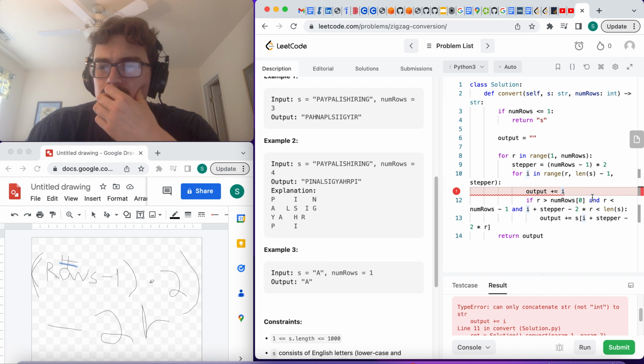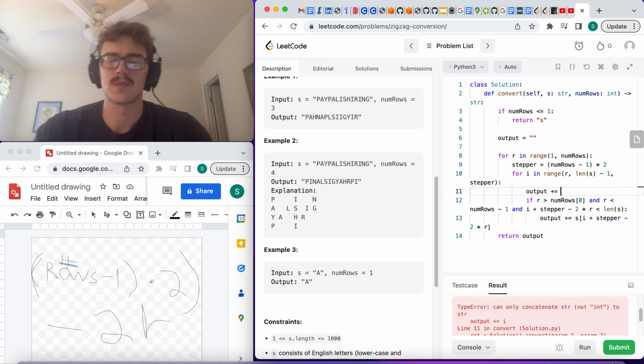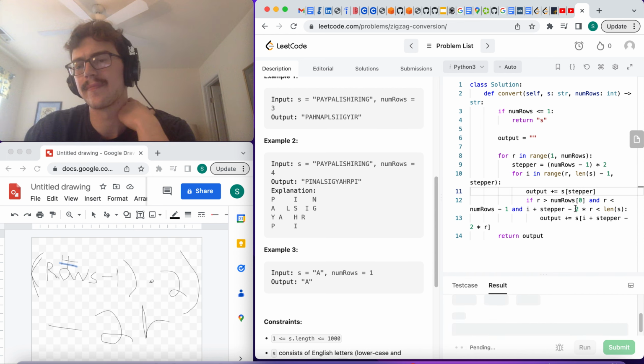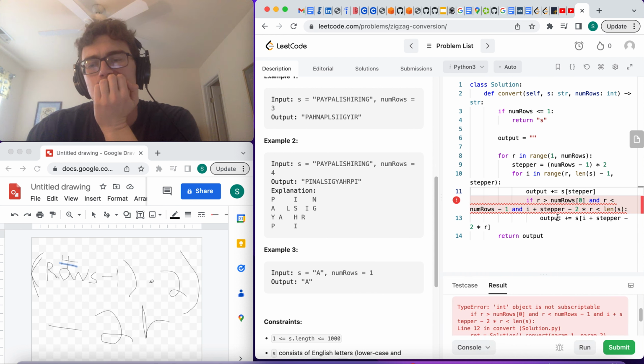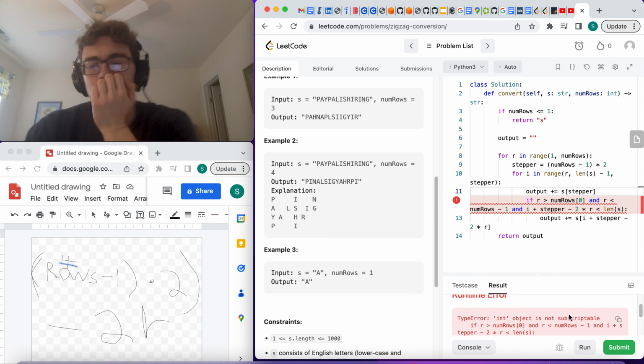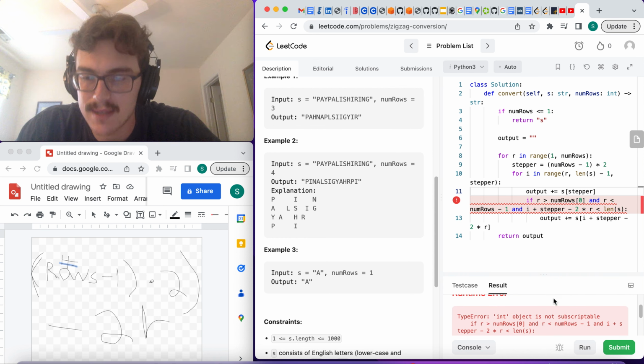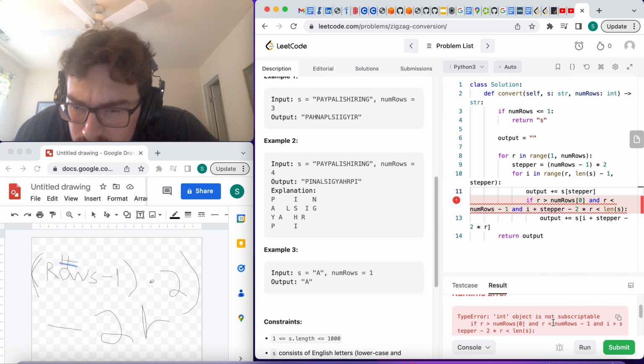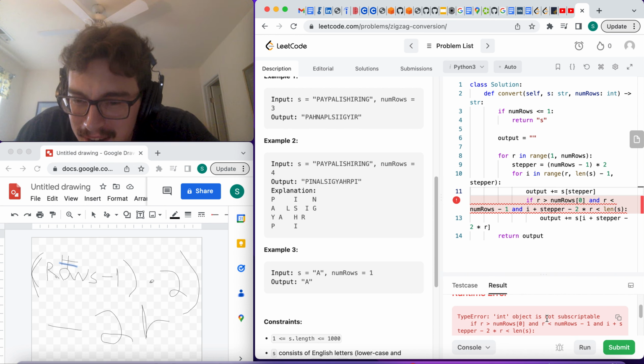So we're not just plus equals stepper. Is it s of stepper? Ooh, keep fixing stuff. What the heck? Int object is not subscriptable. What the hell?